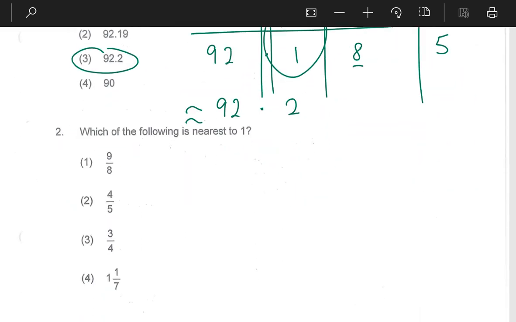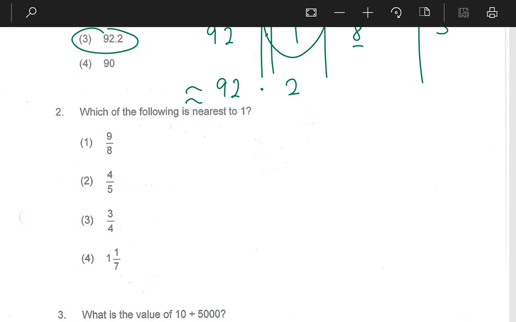Question number 2. Which of the following is nearest to 1 whole? Now let's take a look at this first fraction. This fraction has already exceeded 1 whole, right? Because it has exceeded 1 whole by an eighth.